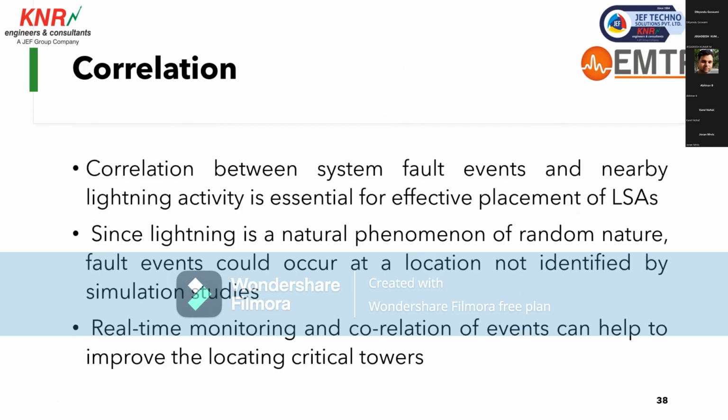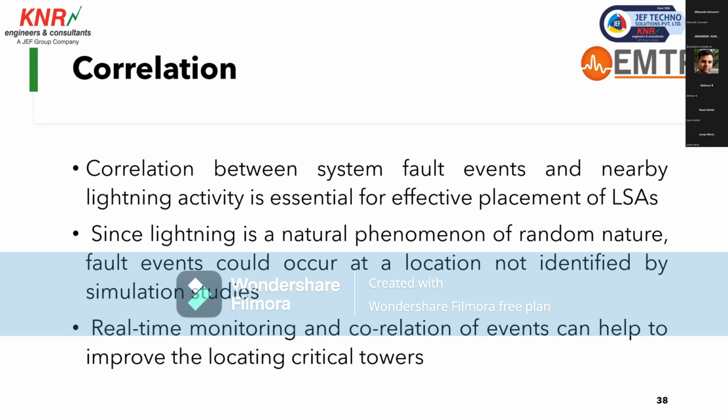The next part is correlations. The correlation between the fault events and the lightning activity is essential for effective placement of LSA. Lightning is a natural phenomenon and a random event, so fault events could occur at locations not identified by simulation studies.